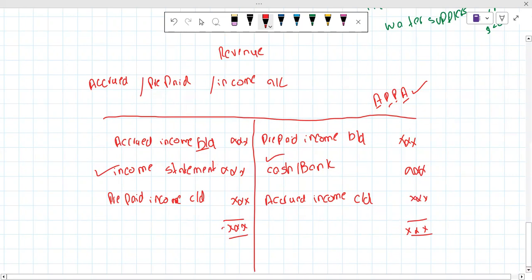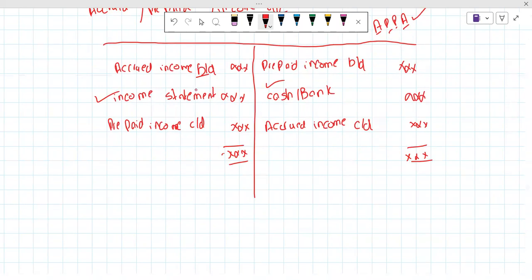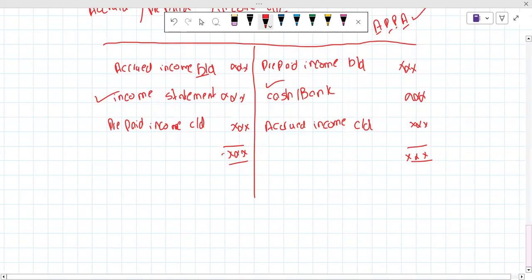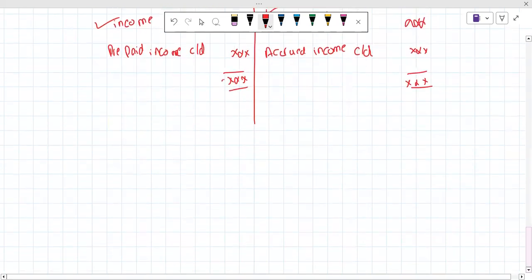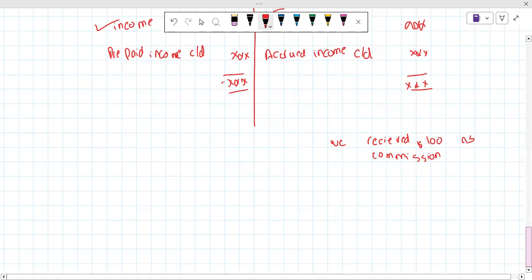So basically this is our income account. We all know that all types of income would be credited in the income statement. So what is happening when we are not making our profit and loss statement? For example, we received $100 as commission.